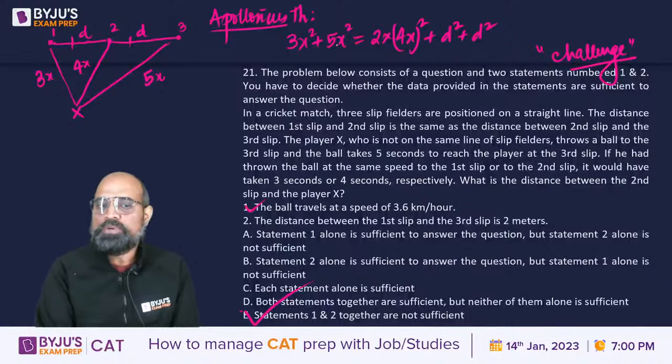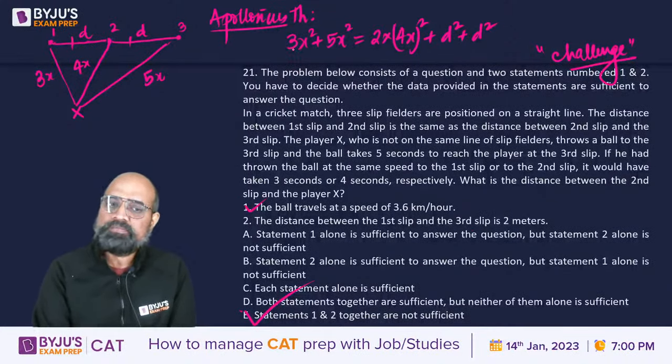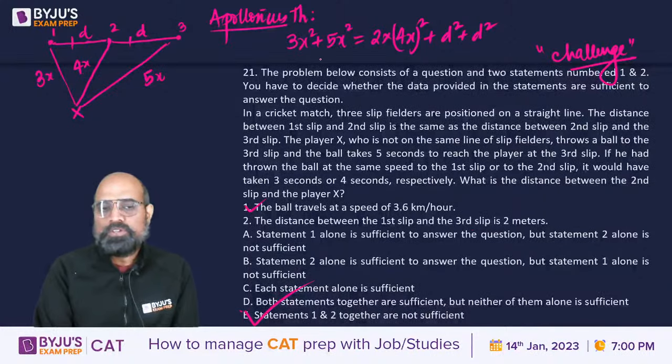So this is going to be 25 plus 9, और अगर आप इसको करोगे 25 plus 9 और फिर उसमें से 16 into 2 32, so ये आपका दे देगा 2x square. This is equal to 2d square. That will give you x is equal to d.